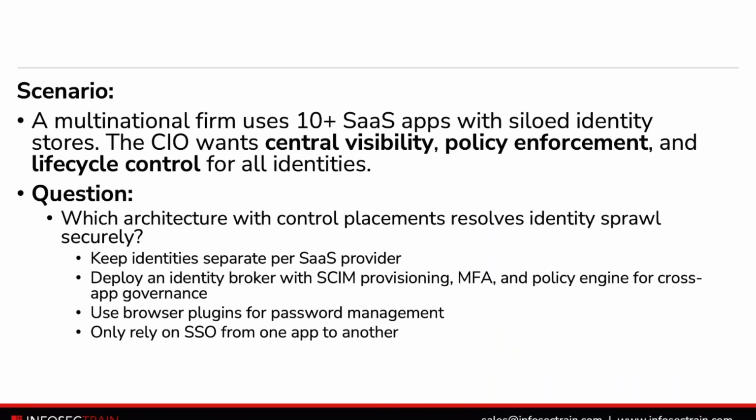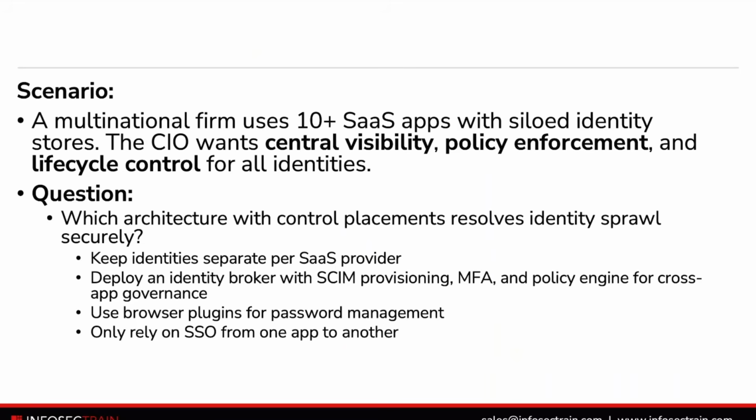So the question is, which architecture with control placement resolves the identity sprawl securely? A: Only rely on SSO from one app to another. C: Use browser plugins for password management. D: Keep identities separated per SaaS provider. B: Deploy an identity broker with SCIM provisioning, multi-factor authentication, and a policy engine for cross-app governance.